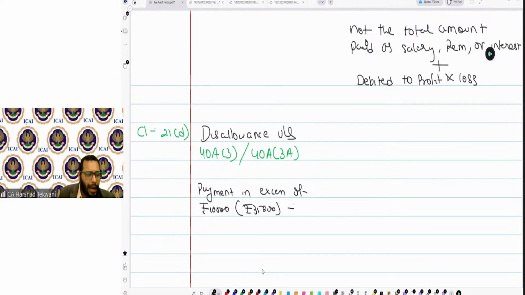I usually write this as through cash, for ease. And if there are certain circumstances under Rule 6DD, in that case, it will not be disallowed. But usually, if the cases are not as per Rule 6DD, then the amount will be disallowed if paid exceeding 10,000 or 35,000 to a person in a day.